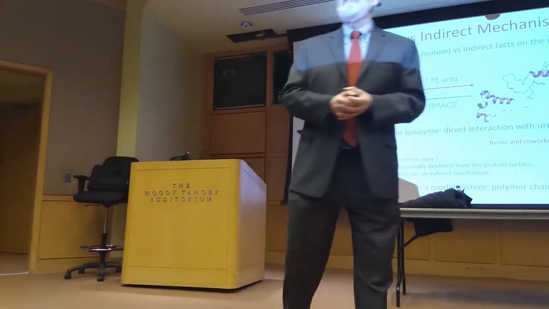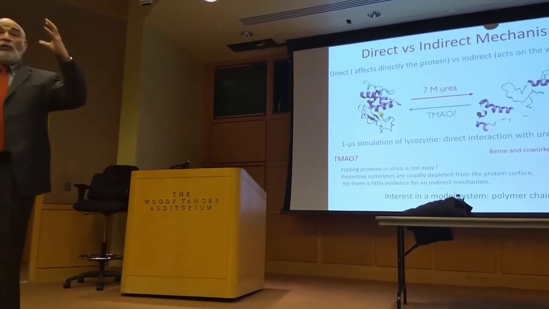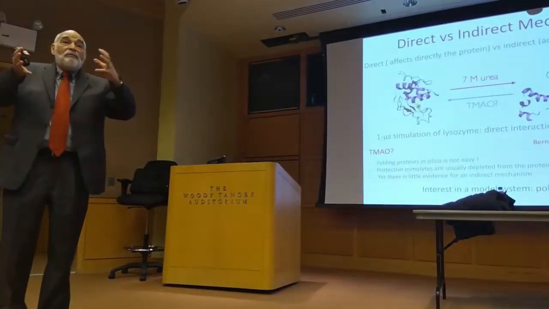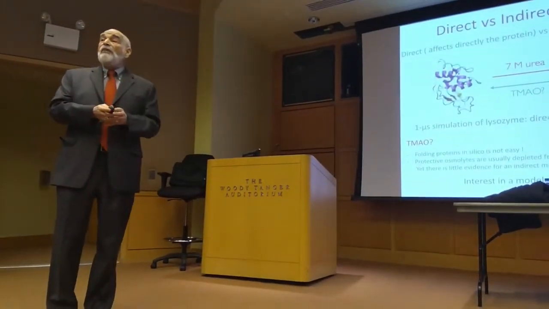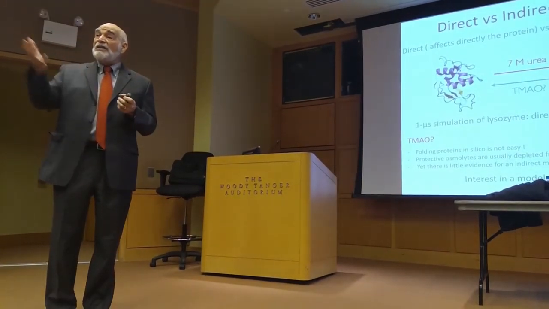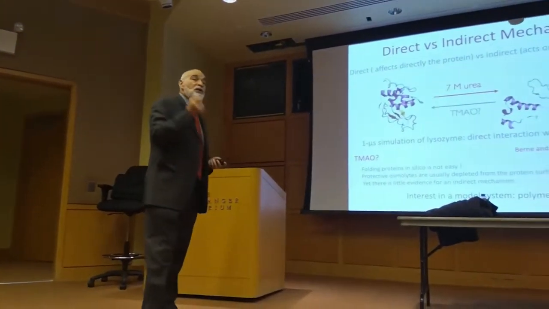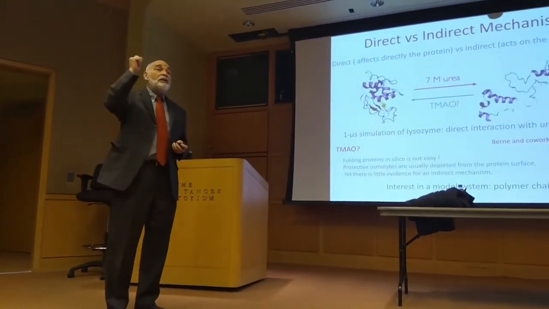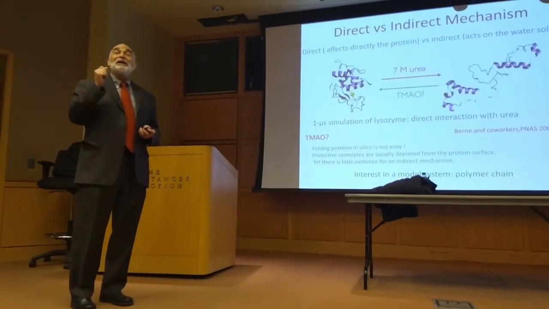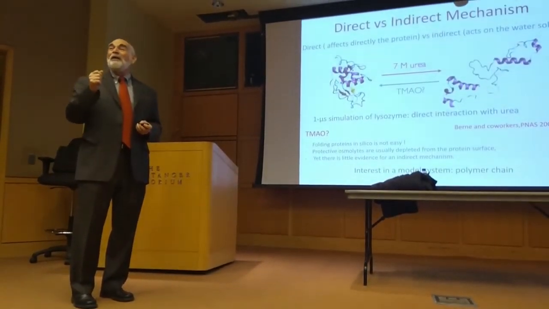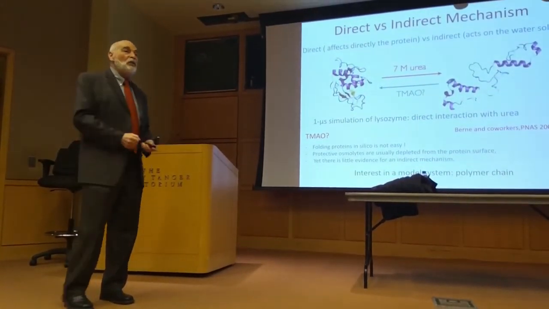So, for example, a folded protein likes to bury some of the hydrophobic residues, because an oil is not soluble in water, so the protein will fold. If you add urea, the thought is you could change the structure of the water, making it less water-like, more lipid-like, and so the protein can open up. That's called the indirect mechanism.